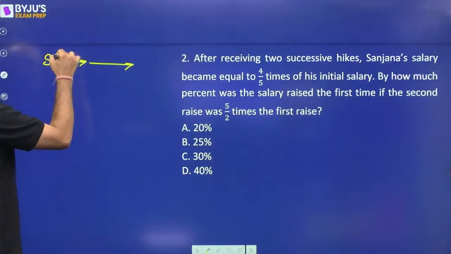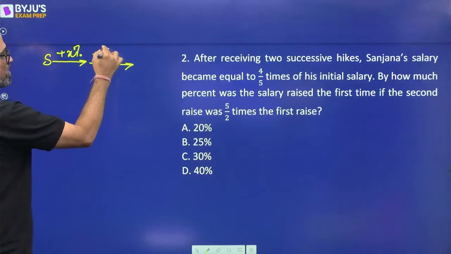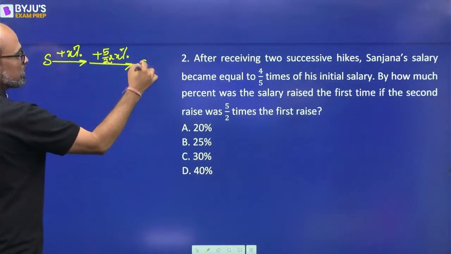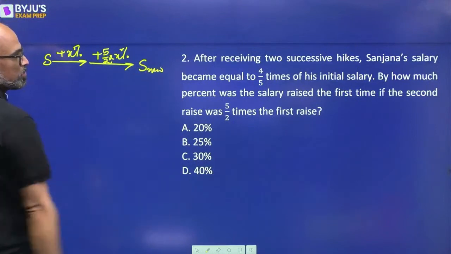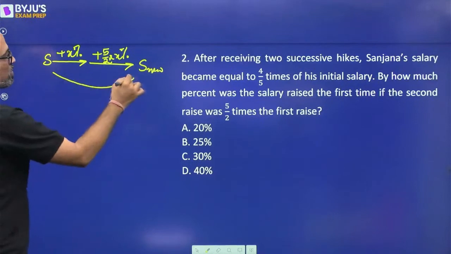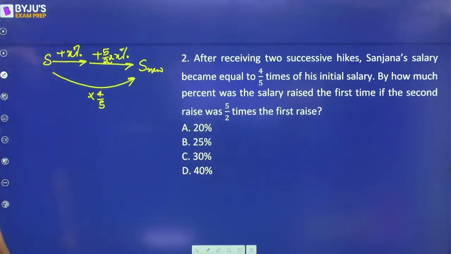If we say there was a raise of, let's say, X percentage here, the next raise is 5 by 2 times of X percentage here. And this is the new salary. And it is given that the new salary is 4 by 5 times of its initial salary.